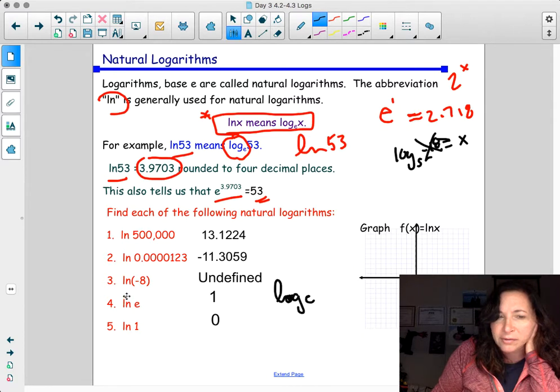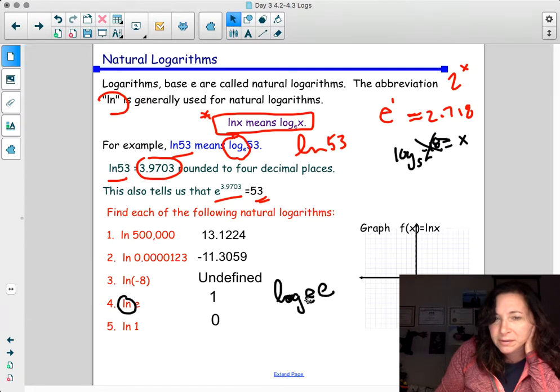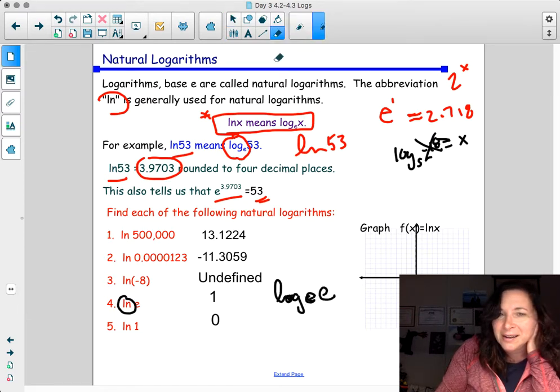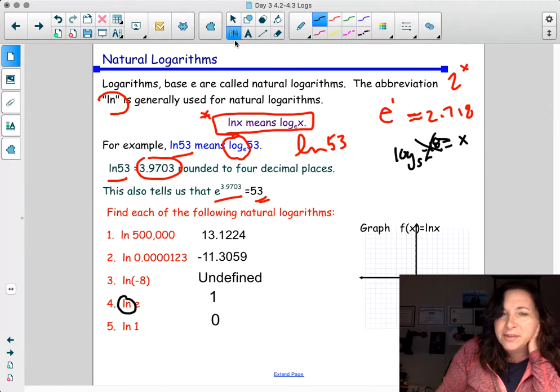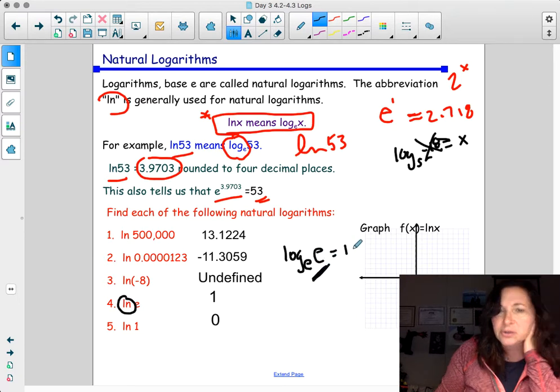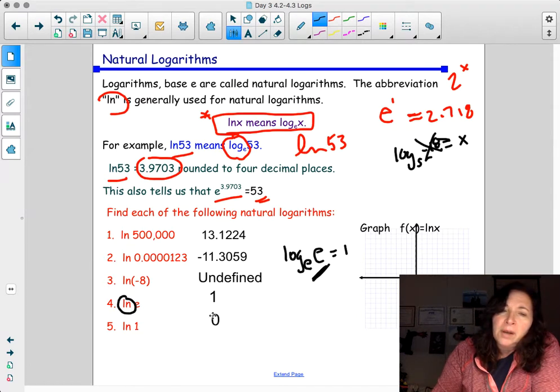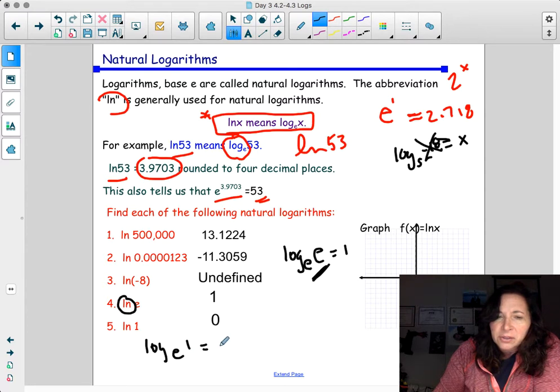If I replace ln with log base e, and then I have my value here, remember, if these two values are the same, my answer is 1. And then, of course, ln of 1 is 0, because log base e of 1 is equal to, well, anything to the power 0 is 1, so it has to be 0.